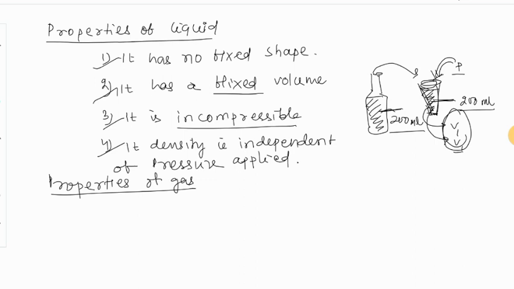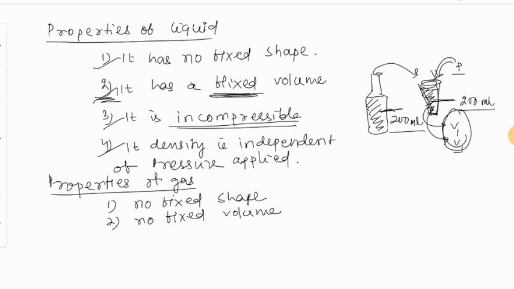Likewise, properties of gas. Gas also doesn't have a fixed shape, but liquid has a fixed volume. Gas doesn't even have that. No fixed volume. Like liquids are incompressible, gases are compressible.